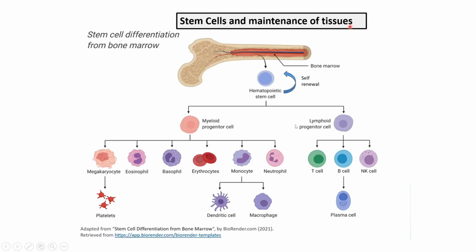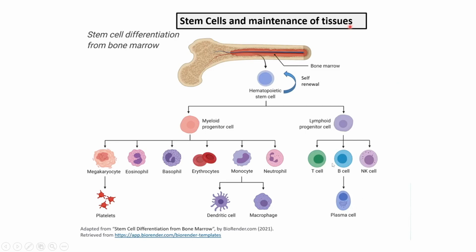And the lymphoid progenitor cells consist of T cells, B cells, and NK cells. And from B cells, you can get the plasma cell, which can secrete antibodies as well as other immune mediator molecules, which mediate the immune signaling and promote the defense mechanism.